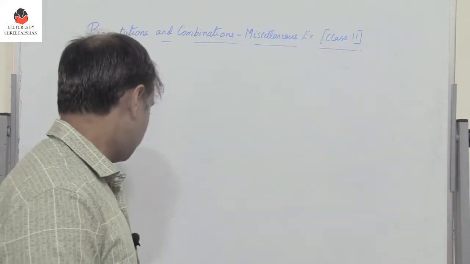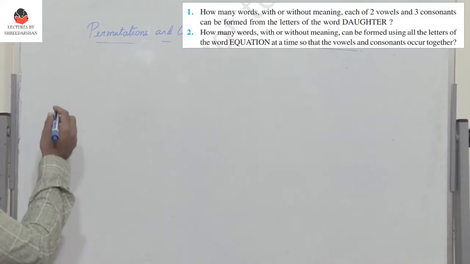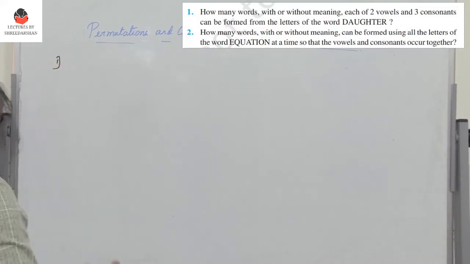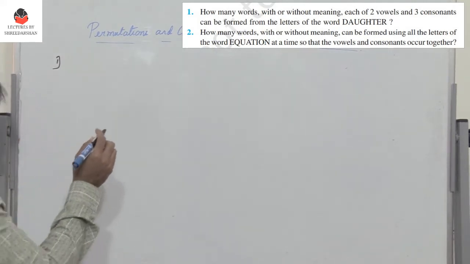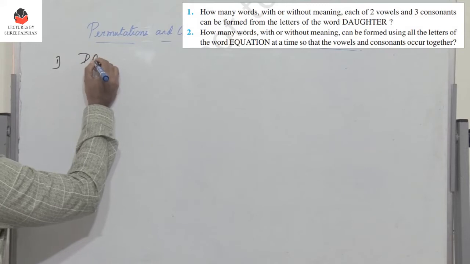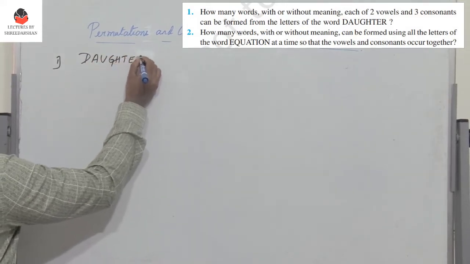Moving on with the first one: how many words, with or without meaning, each of 2 vowels and 3 consonants, can be formed from the letters of the word daughter? So you have the word daughter, D-A-U-G-H-T-E-R.